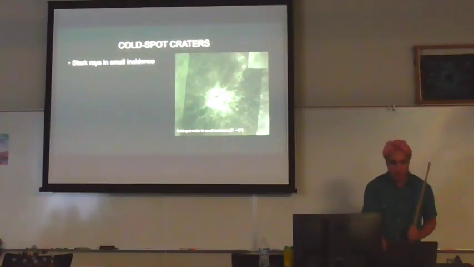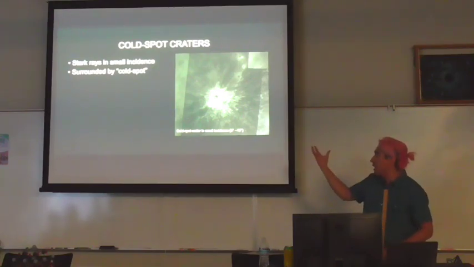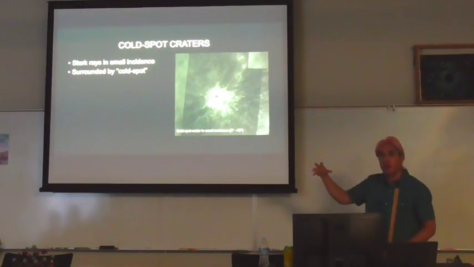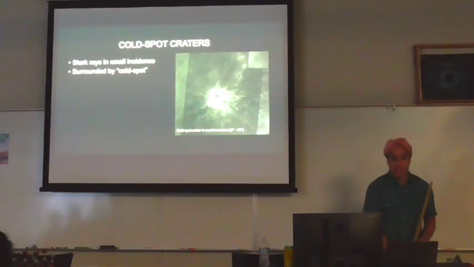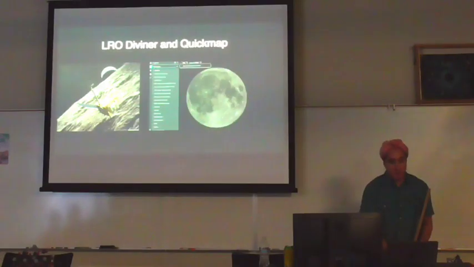So that's what gives it that look to it. Like I said, these cold spot craters, the rays, it will have fluffier lunar soil around it, which allows us to kind of see that it's there. And these cold spot craters are really young; they're under 1 million years old.